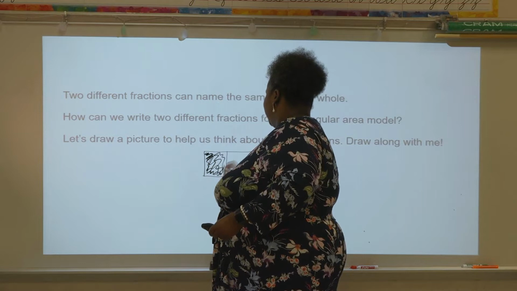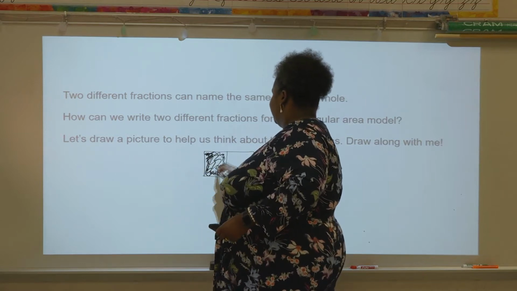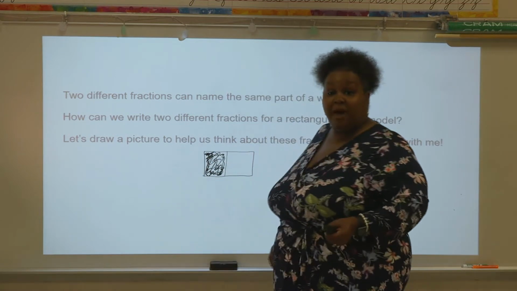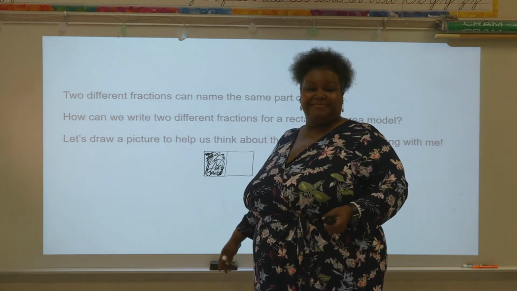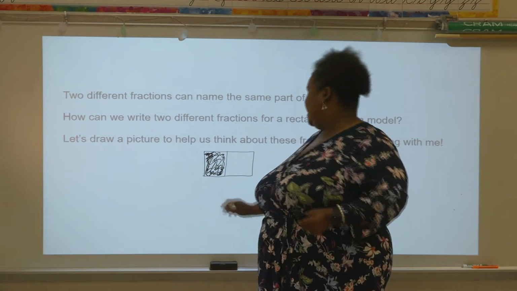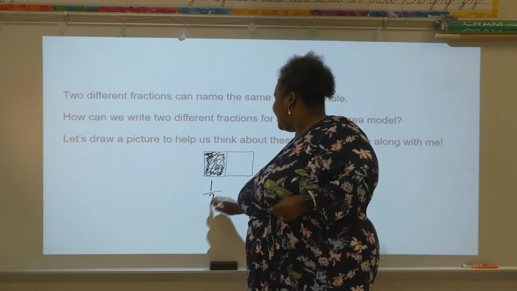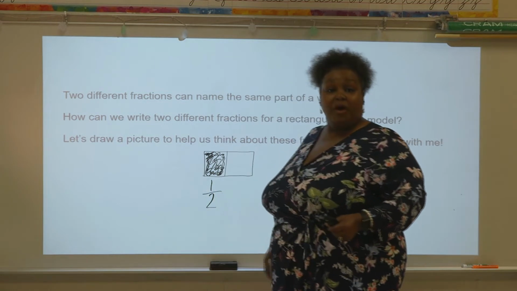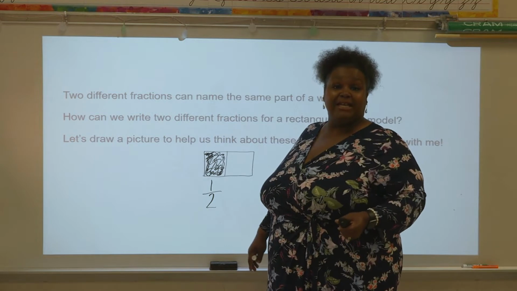Let me shade it in just a little bit. Okay. So this rectangular area model shows what? And I bet you said 1/2. Two equal parts, one part shaded.